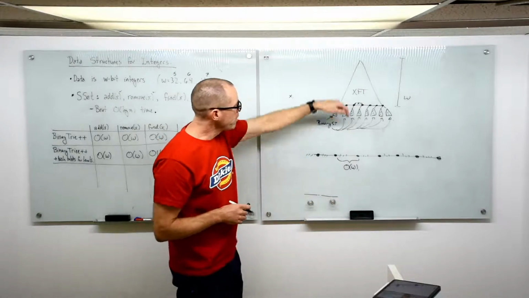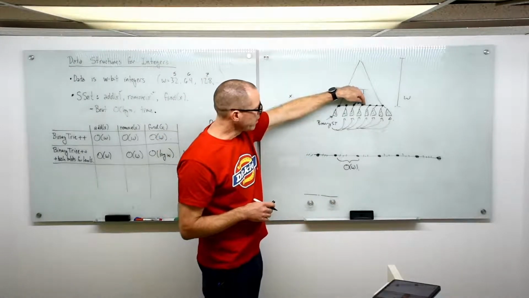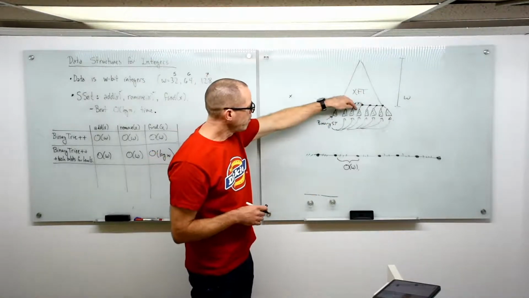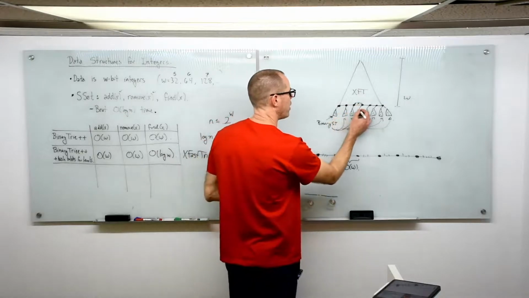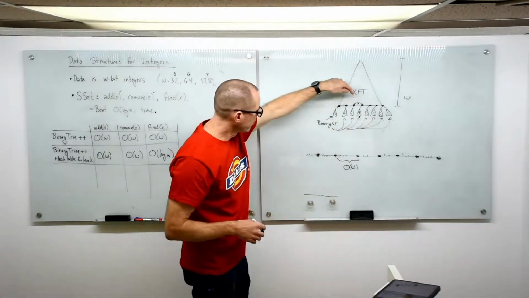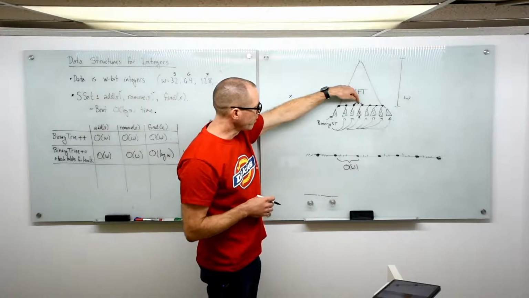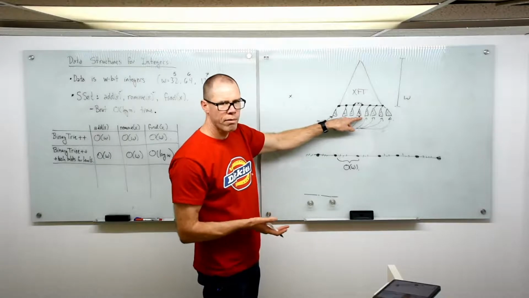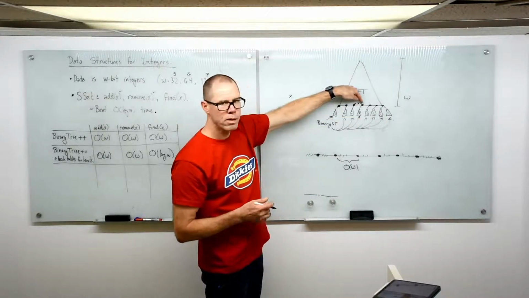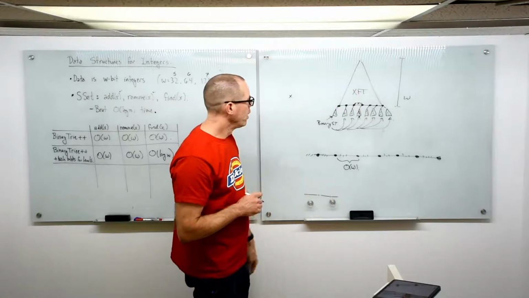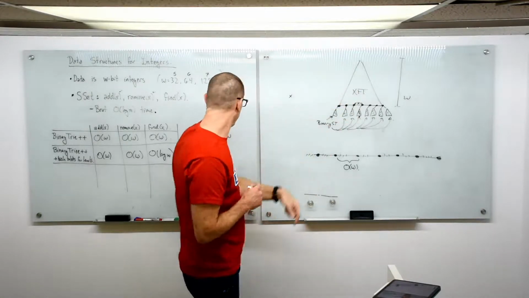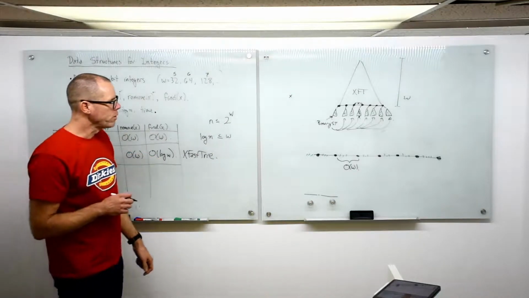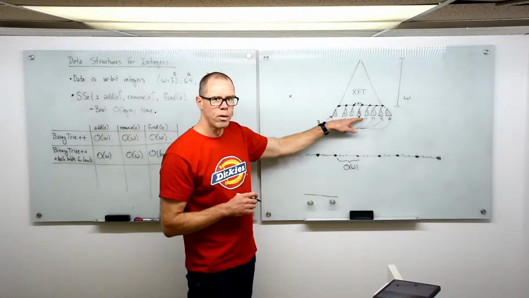Maybe the next thing that comes after x is this black thing here, or maybe it's inside this bag. So then I just search for x inside this bag. This bag is a binary search tree, or a skip list, or whatever your favorite thing is. And I get an answer in here, or I get that x is bigger than everything in the bag, in which case the answer is this thing up here. So it's one search in an XFast trie, which takes O of log W time, plus one search in a binary search tree whose size is W, which takes another O of log W time.